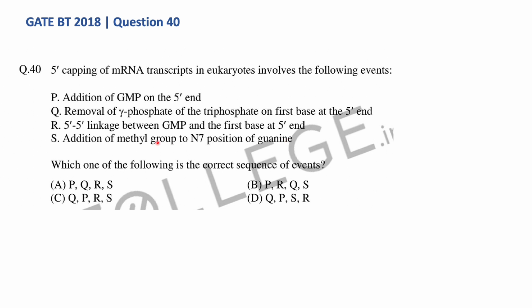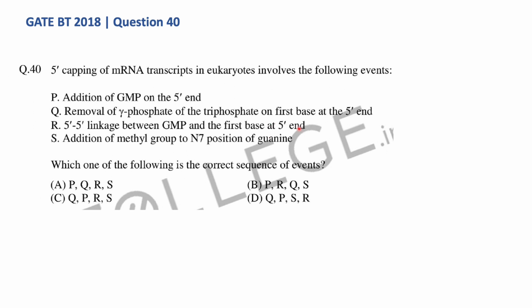Now coming back to our question, which was about 5' capping of mRNA transcripts in eukaryotes involving the following events. They're asking the order in which the 5' capping happens. If you recall, we saw a slide about 5' capping, which is one of the post-transcriptional modification steps that happens to the RNA transcript after it has been transcribed.